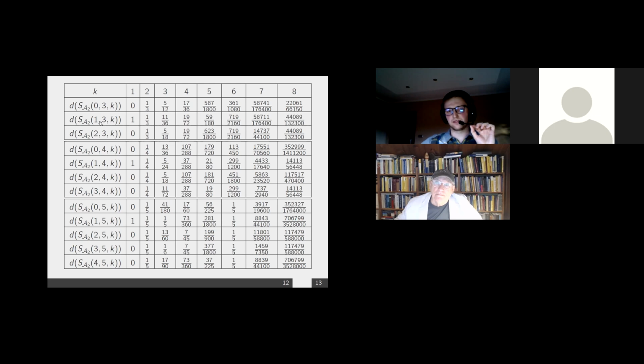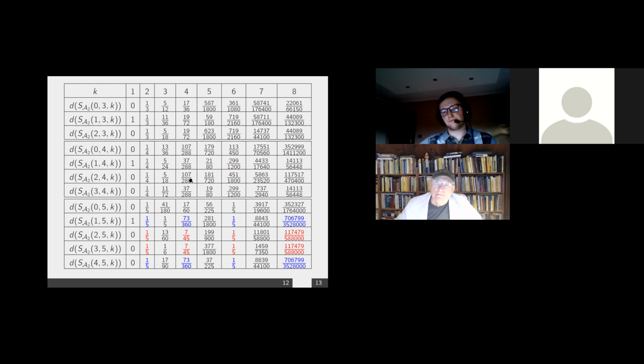So for instance, let us assume that m is equal to 3 and i is equal to 1, then m minus i is of course 2, and we have that these values are actually the same for i and m minus i. The same holds for the case in which m is equal to 5.